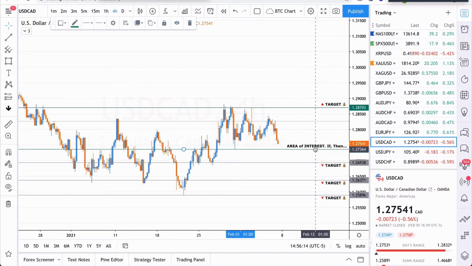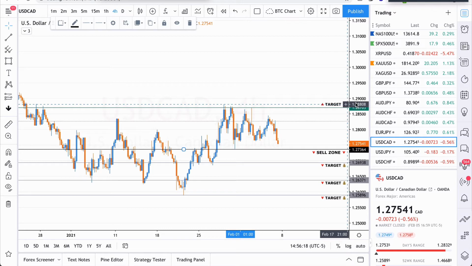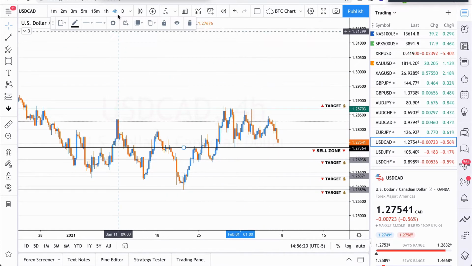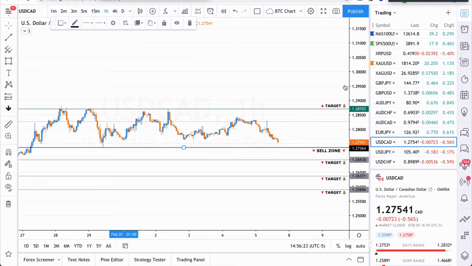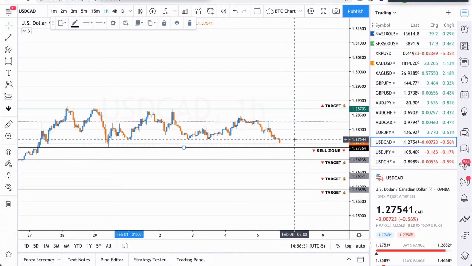So right here, this is a potential sell zone. Targets are already set. If it rejects, buy it back up.